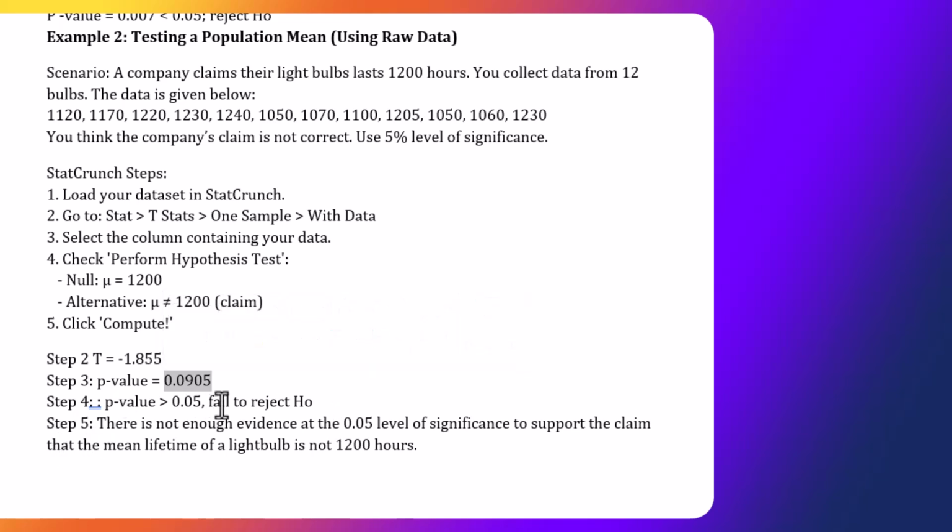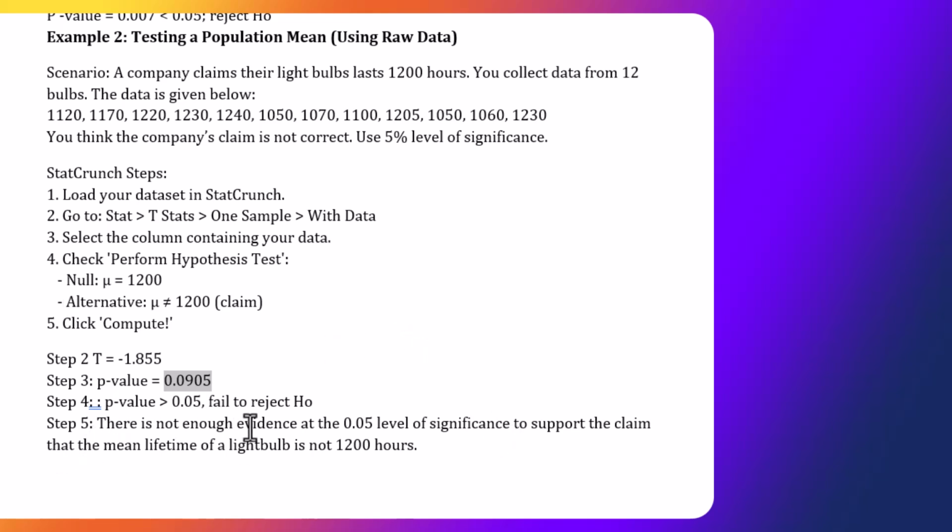And if you fail to reject the null hypothesis, you always start with "there is not." Reject the null hypothesis, "there is." Fail to reject the null hypothesis, "there is not enough evidence at the 5% level of significance." If you're doing your homework online, you're going to have two choices now. Do you use the verb support or the verb reject? Remember, if the claim is in the alternative hypothesis, we never use the word reject, we use the word support.